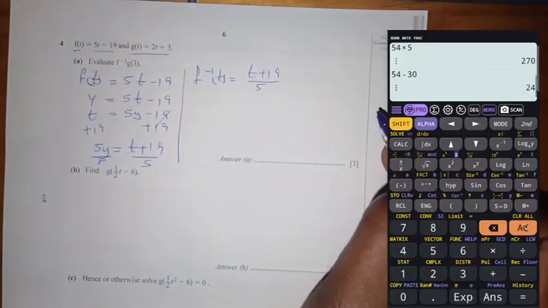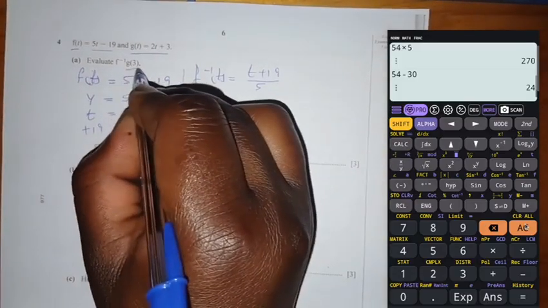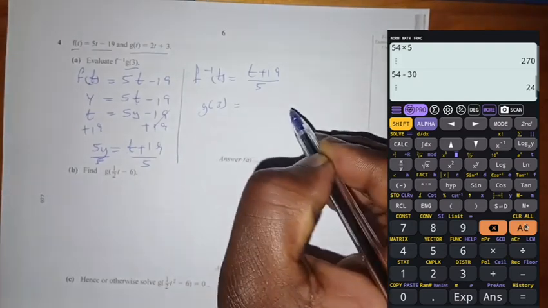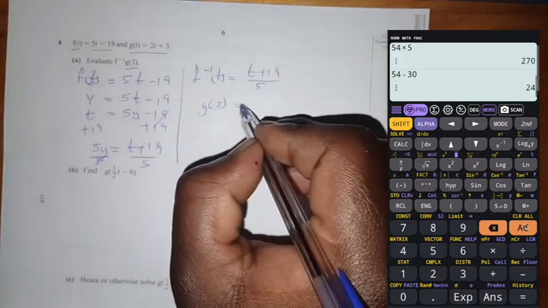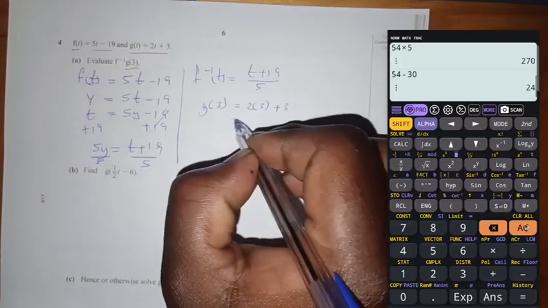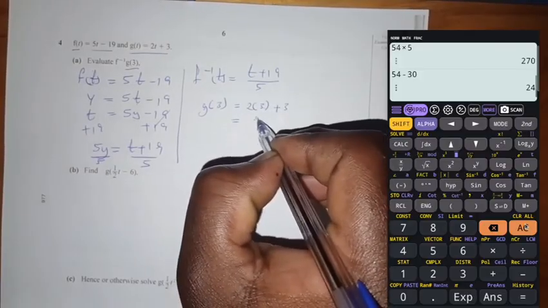Now we can evaluate what we were required. First, find g of 3. g of 3 is equal to 2 times 3 plus 3. The answer is 6 plus 3, which is 9.